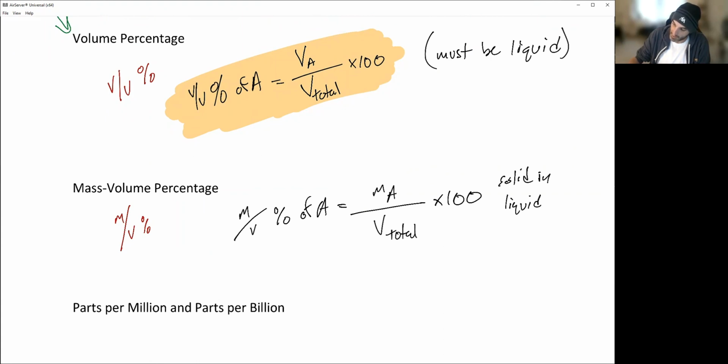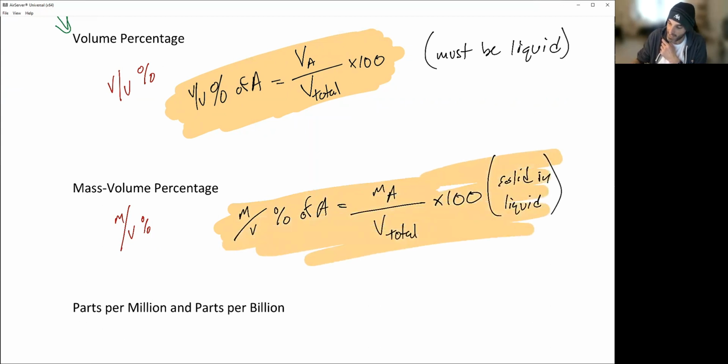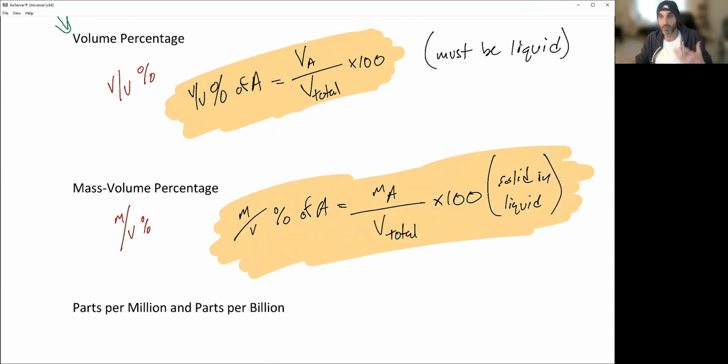On the big homework assignment, we see this looking at the amount of fluoride, sodium monofluorophosphate, in toothpaste. You can look on the back of the packaging for toothpaste and you'll see the percentage mass by volume. Same idea: you need a mass and a total volume. You can get a total volume from the mass with a density if you actually have the density.